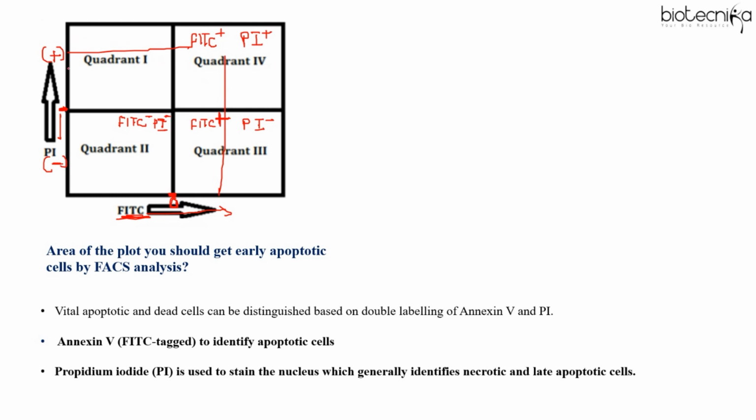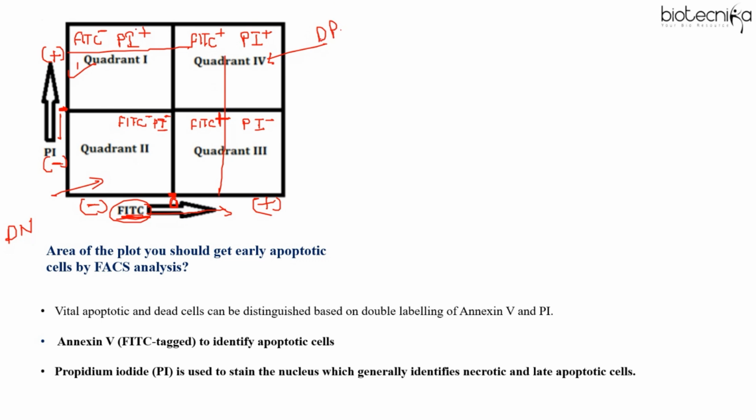And this quadrant 1 will be showing absence of FITC, because for FITC it is absence over here and presence over here. So this one will be presence of propidium iodide but absence of FITC. And we call this one double negative and quadrant 4 double positive.